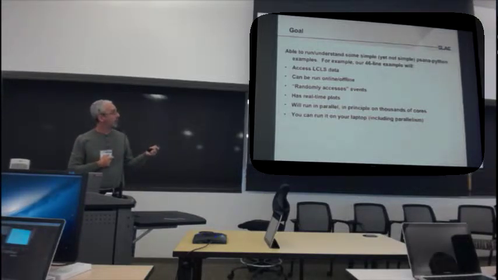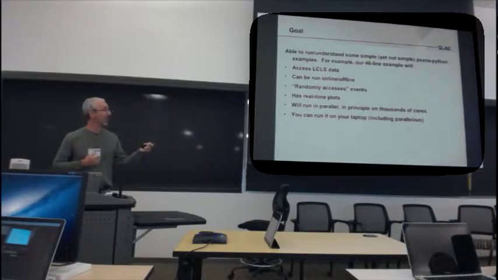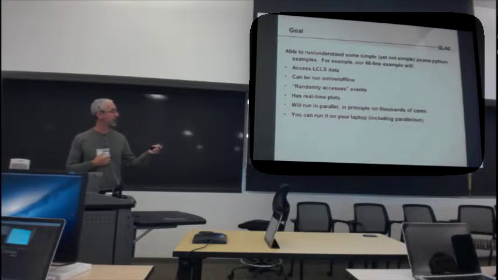As well, this 46-line script runs in parallel, and I'm going to run it in parallel for you, in principle on thousands of cores, so on multiple nodes. And this is actually one of the main points of my talk today, because, and this is more to the developers, I know the workshop's not geared toward the developers, but I think we have to think more about parallelism, because the data sets are large.